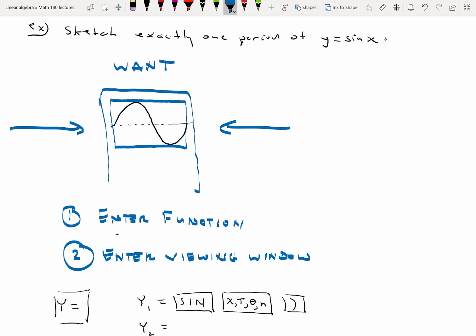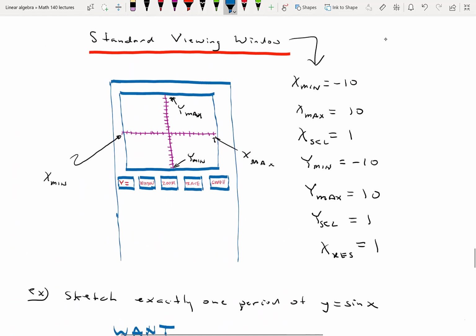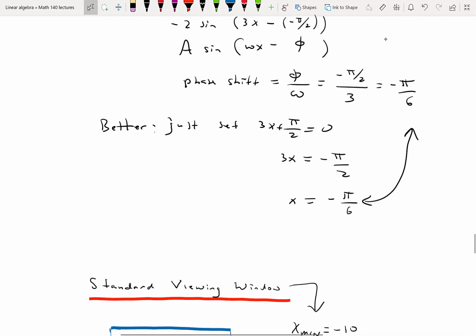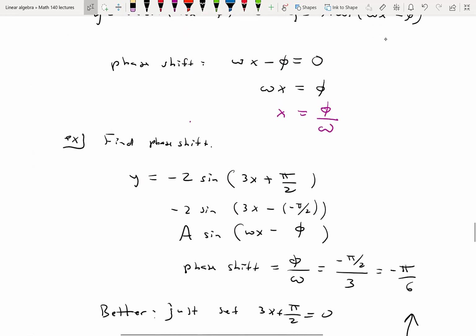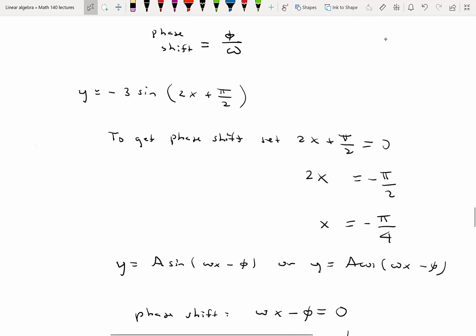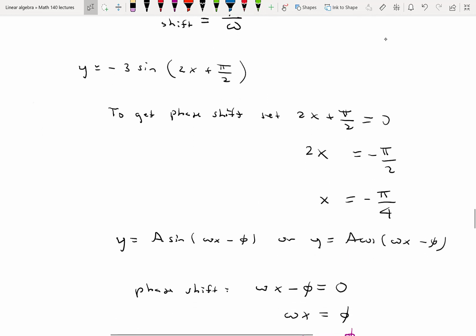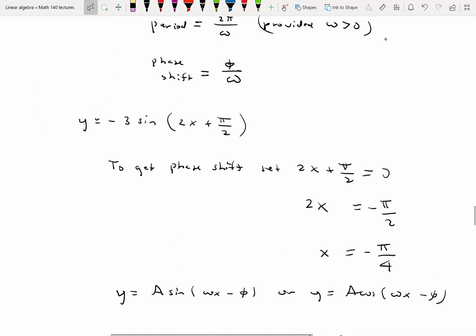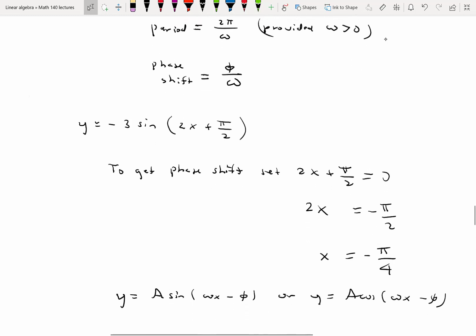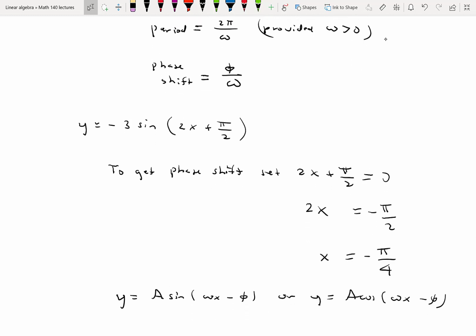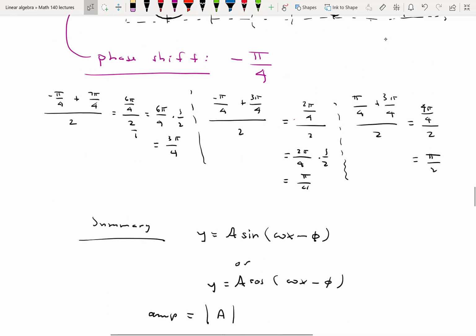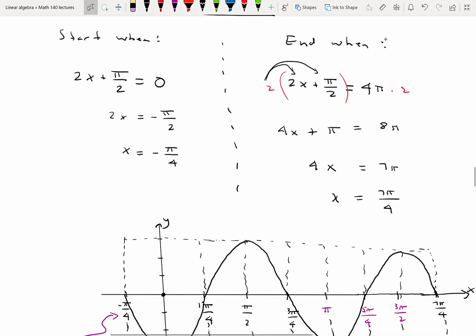Okay, now let's end this video segment with one more graph, not a new one. We're going to go back in history to the graph that we did before. We want to graph y equals -3 sine of 2x plus pi over 2, but I want 2 periods again.